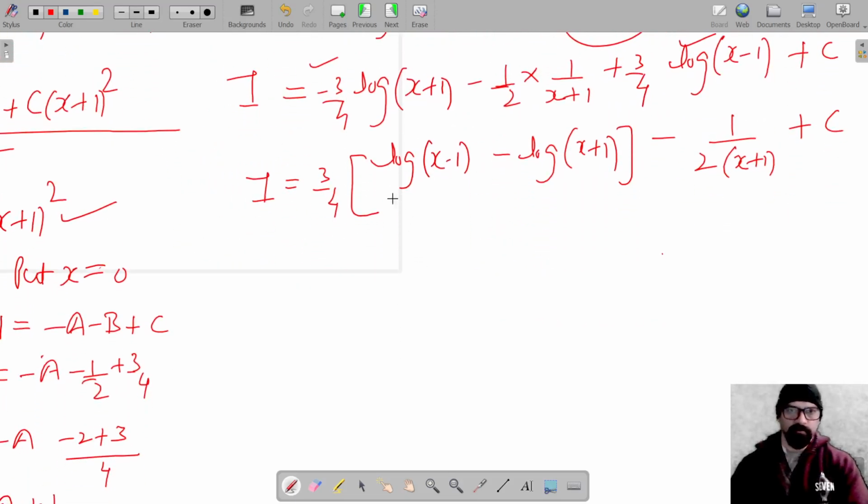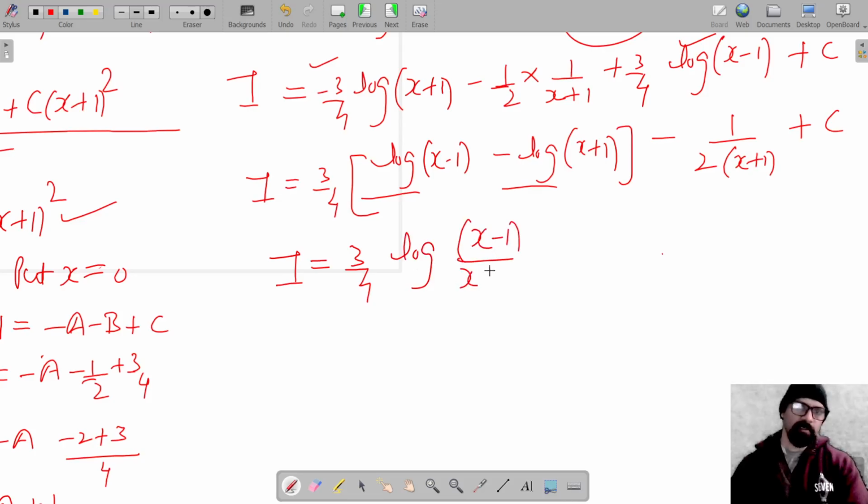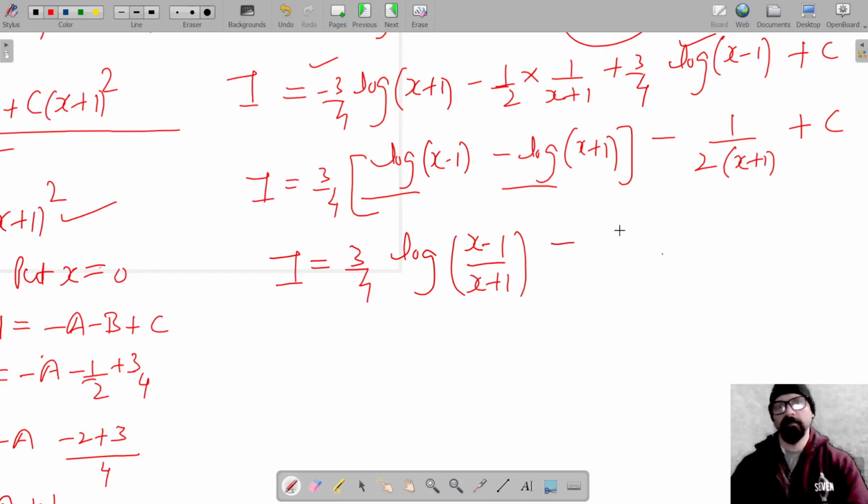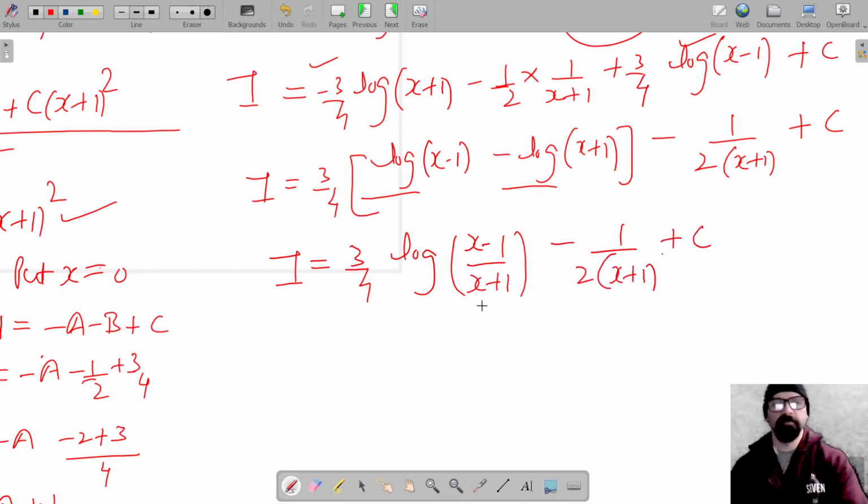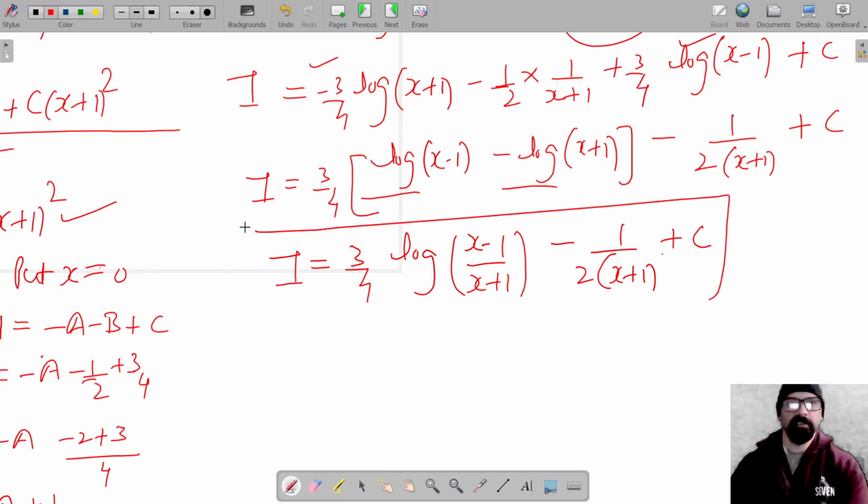Now log a minus log b is log a upon b. So 3 by 4 log of x minus 1 upon x plus 1, minus half of x plus 1, plus c. This is the integration.